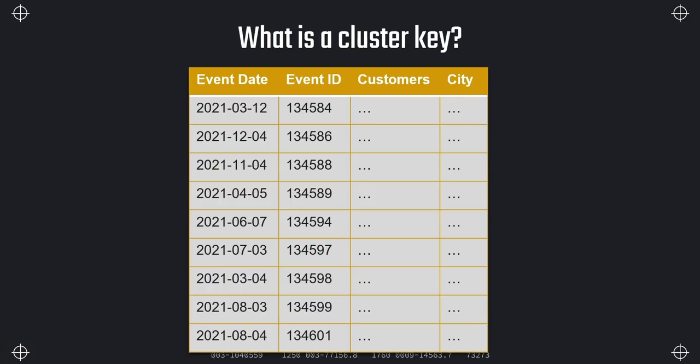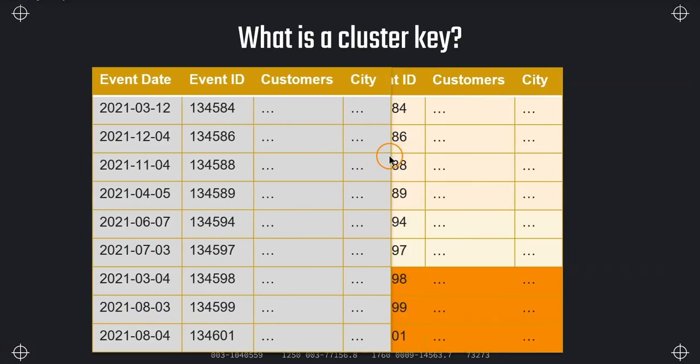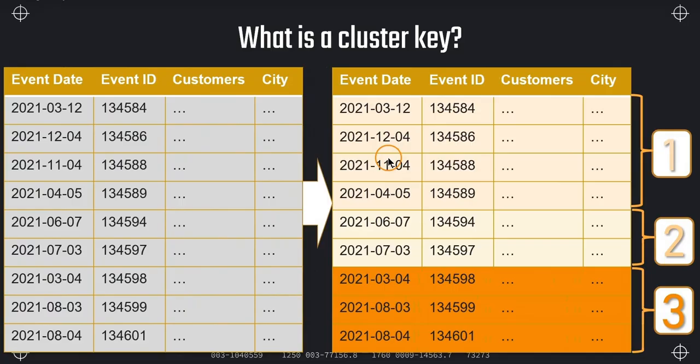So in this case, we have this event table. We have maybe some event date column, and we have an event ID. Here we have all of those event IDs, and we have maybe some additional information, customer, city, and so on. And maybe an automatically created partition might look like this. Here we would just cluster by the event ID.